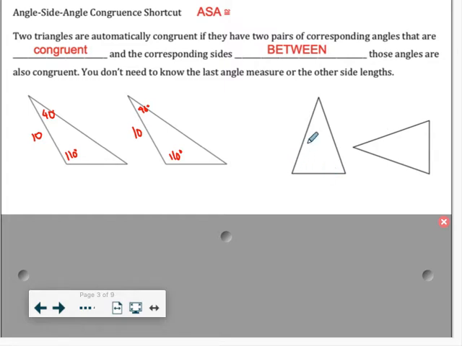With tick marks and arcs, I might say angle, side, angle is congruent to angle, side, angle. What we want to be able to do is look at the picture and say, oh yeah, they're congruent by angle, side, angle, or they're not congruent because those tick marks don't match up the same.